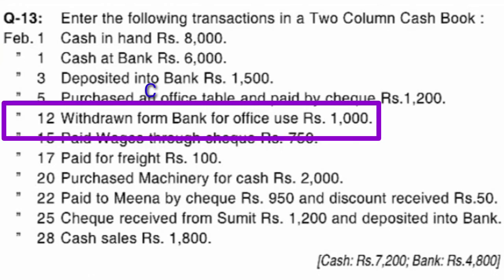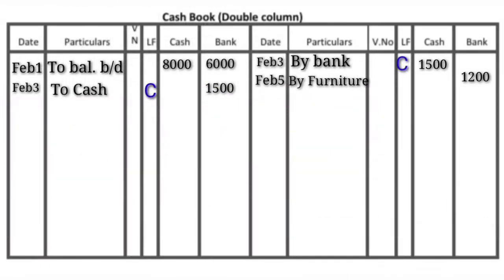Next transaction, on 12th February: withdrawn from bank for office use rupees 1000. We are withdrawing cash from the bank for office use, not for personal use. If it is for personal use, we would call it drawings, but it is withdrawn for office use. The journal entry is cash account debit to bank account. Cash is increasing and bank is decreasing.